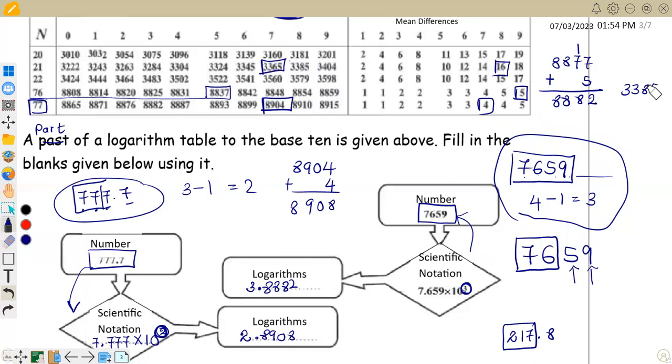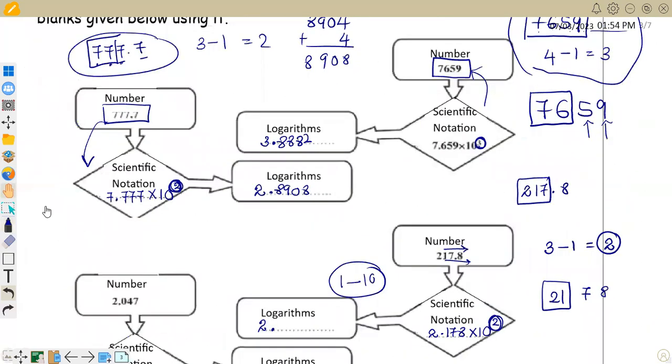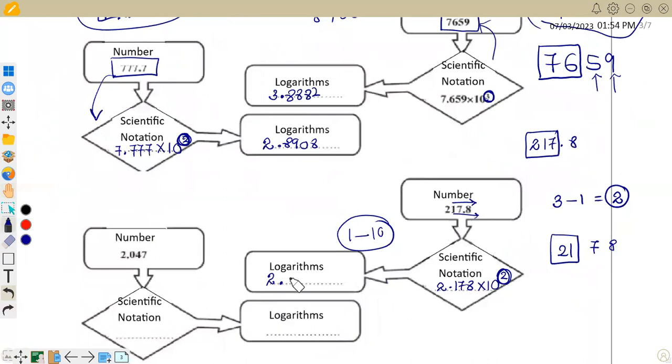Then 3,365, 16 is added. Then it is 3,381. This is the answer of the logarithm of 217.8 to the base 10.